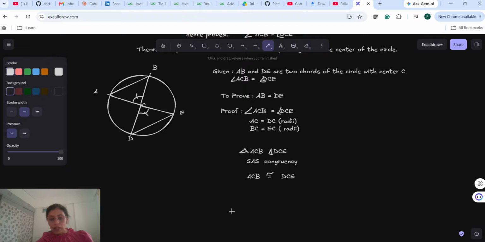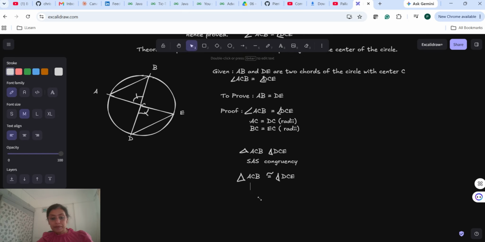When we say congruent, we make this sign, and these two are triangles. Now these two triangles are congruent. So what does that mean? What can we say? We can say the corresponding sides AB and DE are equal, because we proved that these two triangles are congruent.